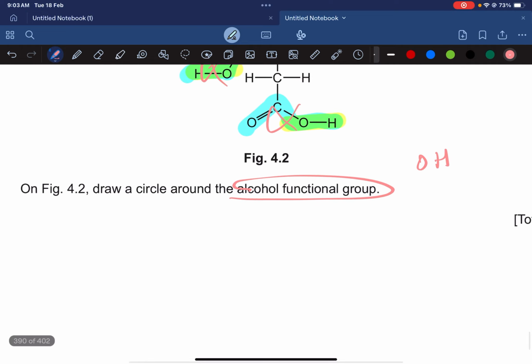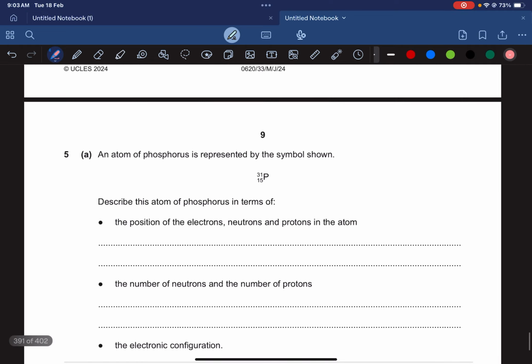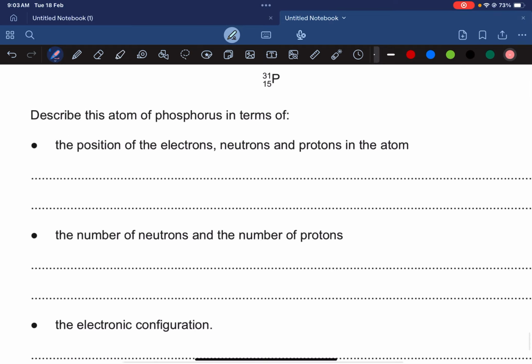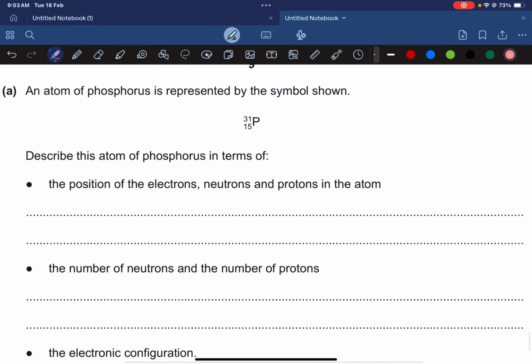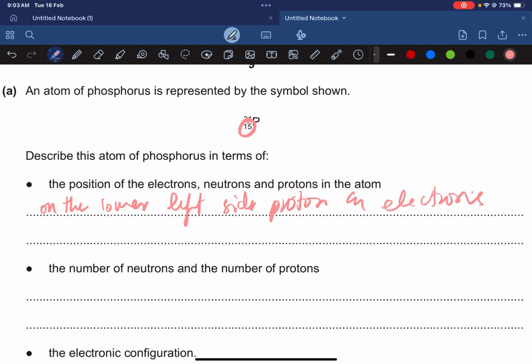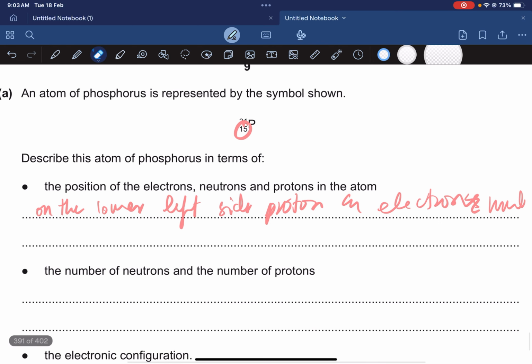Okay, let's move on to the next question, which says an atom of phosphorus is represented by the symbol shown. Describe this atom of phosphorus in terms of the position of the electrons, neutrons, and protons in the atom. On the lower left side is the proton and electron number, because in a neutral atom the proton and electron numbers are the same. Then on the top, 31, we have the mass number.